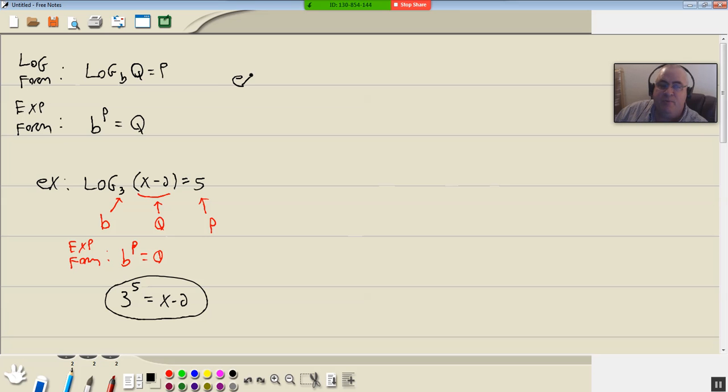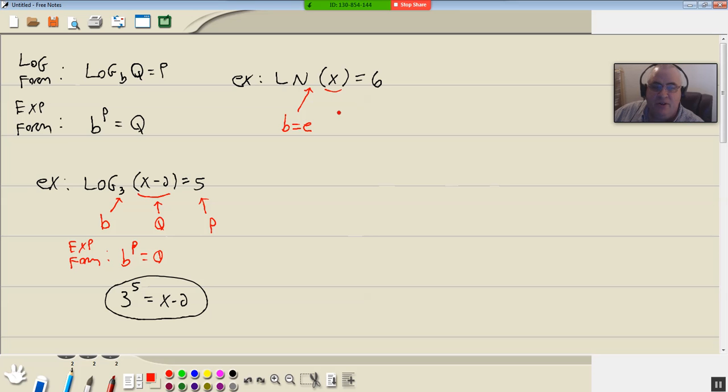Now we have two special cases. One of them is where instead of a log, you have ln, like natural log of x is equal to 6. If you have ln, then there is no number here, there's no base. Our base by default for ln is e. So natural log has base e.